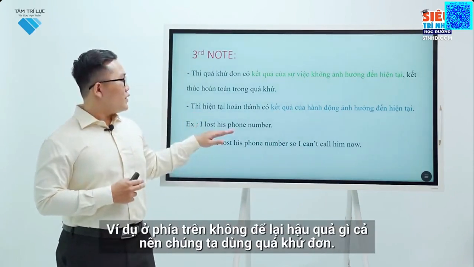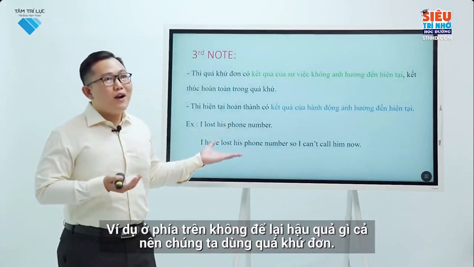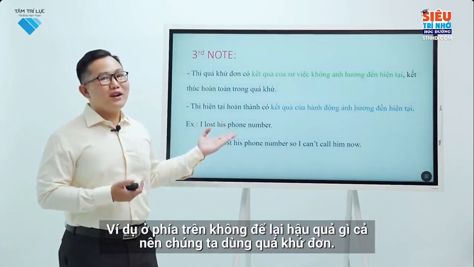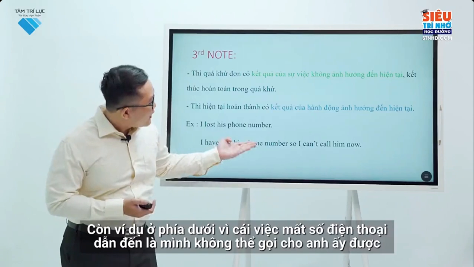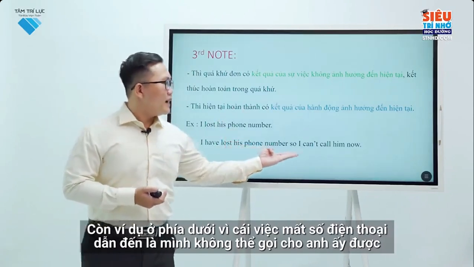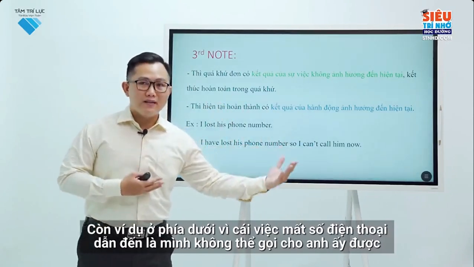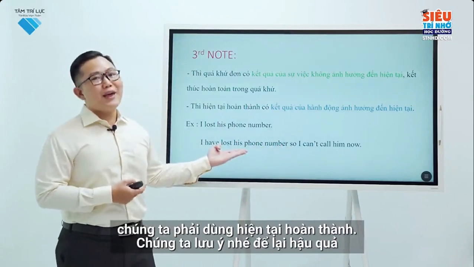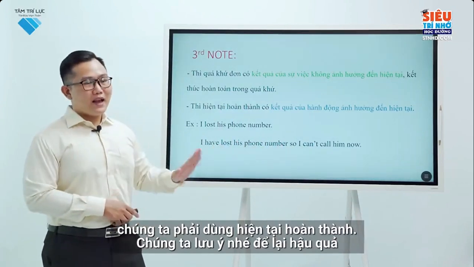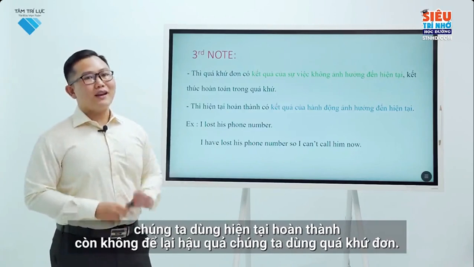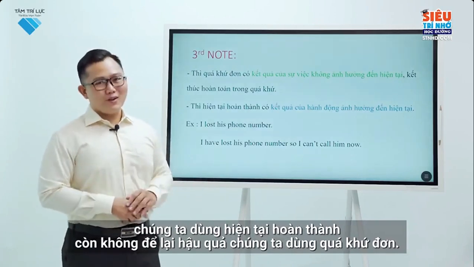The example above doesn't leave any consequence, so we use the simple past tense. However, the below example shows that because we lost the phone number, now we cannot call him. So we use the present perfect tense. Please pay attention. If the action causes consequence, then we use the present perfect tense. If not, we use the simple past tense.